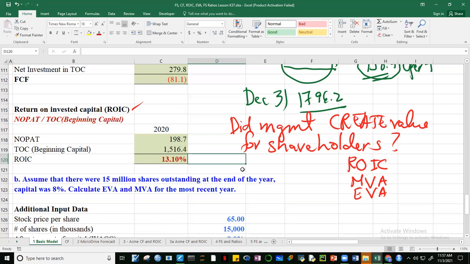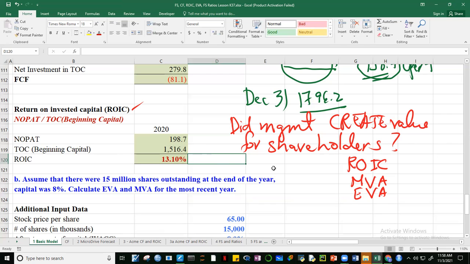Was management able to create value for the shareholders? What do you think? Any suggested answer? An idea? You can unmute yourself, raise your hand, or type in the chat box.